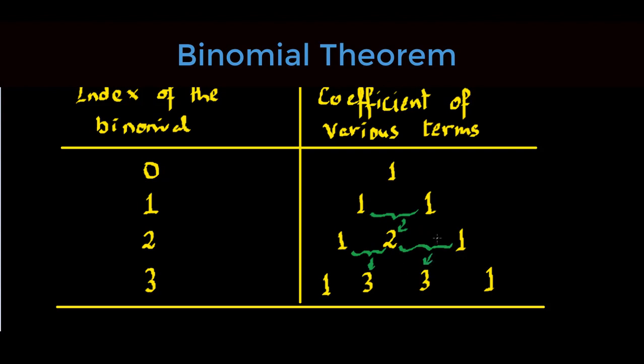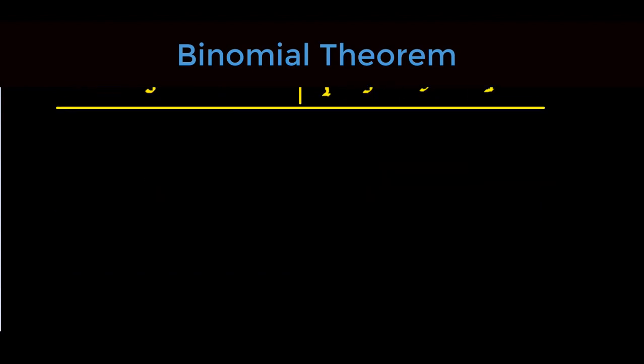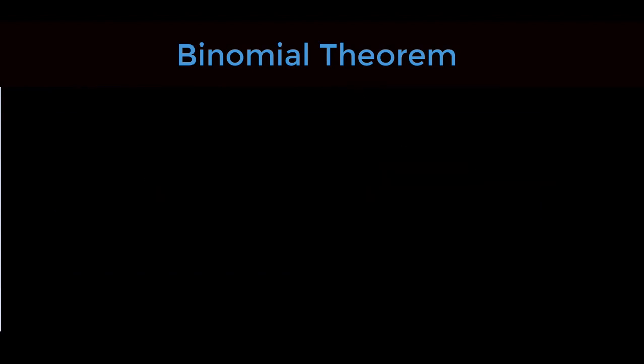So what we can do is form a triangle. Let's do it. For index 0, we get coefficient 1. For index 1, we get coefficients 1 and 1. For index 2, we don't have to remember, so what do we write?